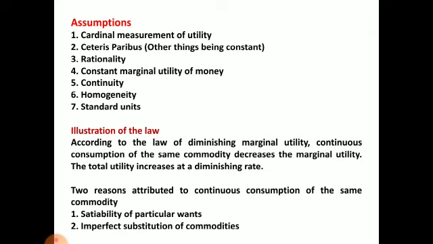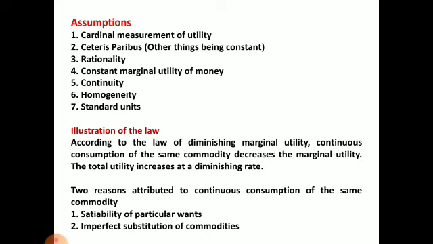And the second assumption is what we call ceteris paribus, which means other things being constant. The law of diminishing marginal utility assumes that the factors influencing the consumption are constant.